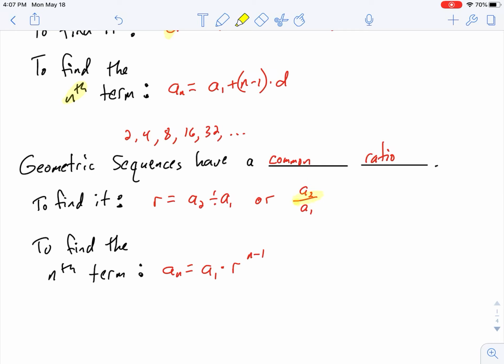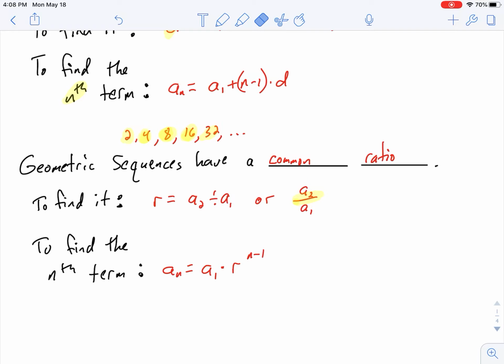So if you divide any two terms, you will get the same number in a geometric sequence. In this example, 4 divided by 2 is 2, but also 8 divided by 4 is 2, 16 divided by 8 is 2, 32 divided by 16 is 2. The fact that we get the same number each time by dividing means that this is a geometric sequence. Obviously it's not arithmetic, because if you subtract these two you get 2, if you subtract those two you get 4, so it's not an arithmetic sequence, but it is geometric.